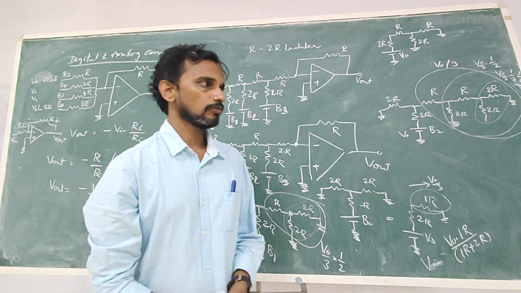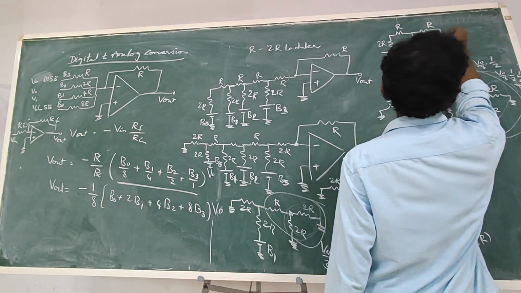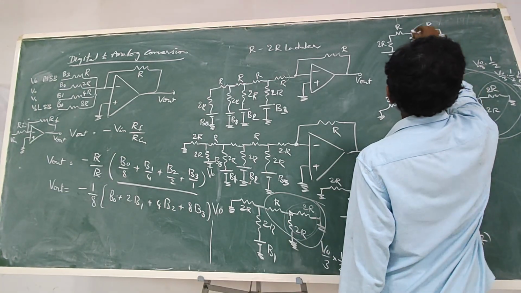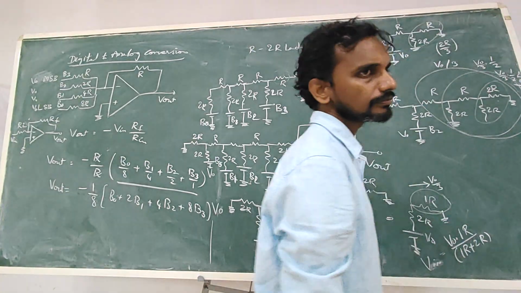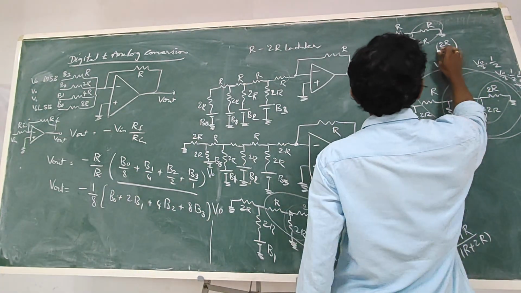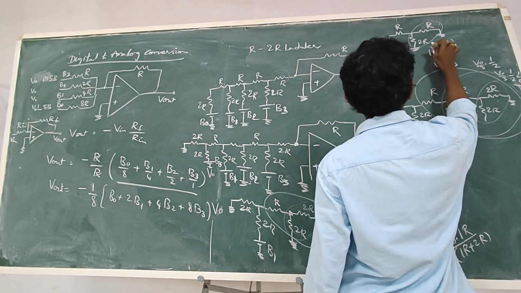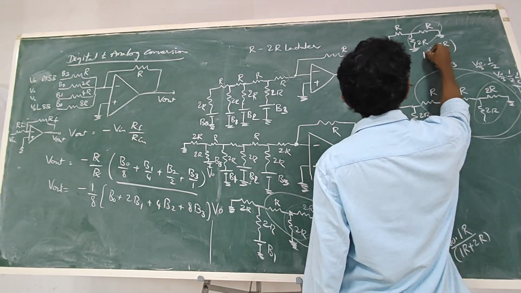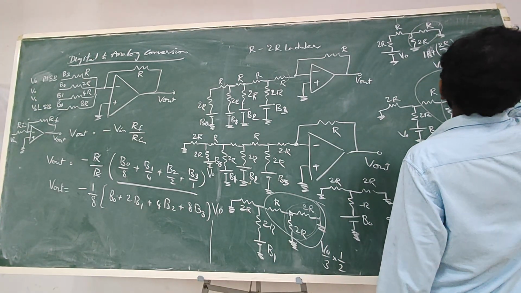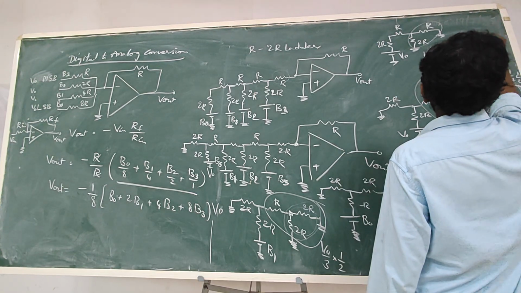It is R1 R2 by R1 plus R2. So it is 2R by 3. This value is 2R by 3, and this portion plus 1. So the total resistance is 5R by 3.